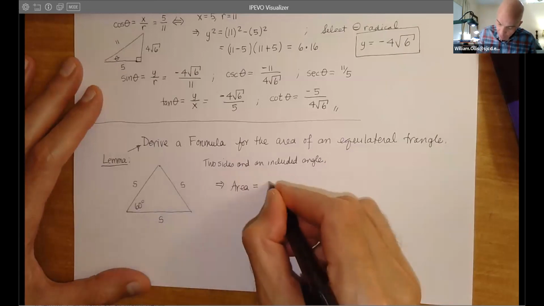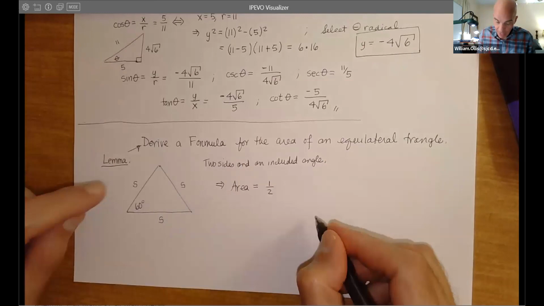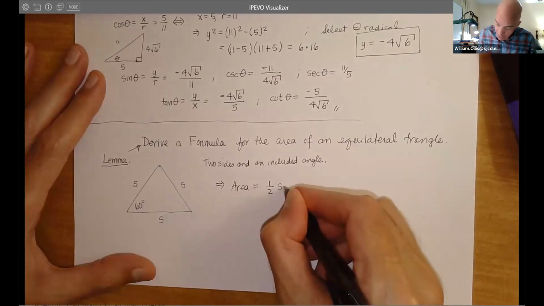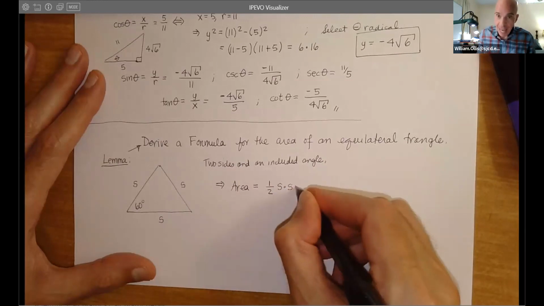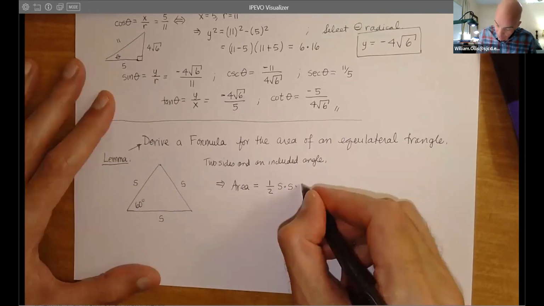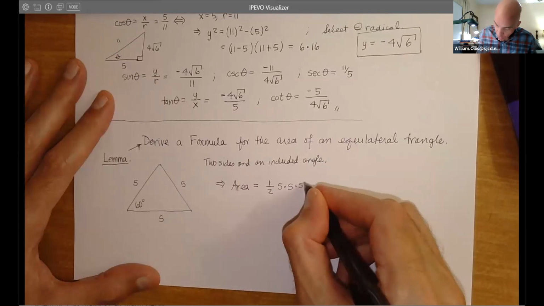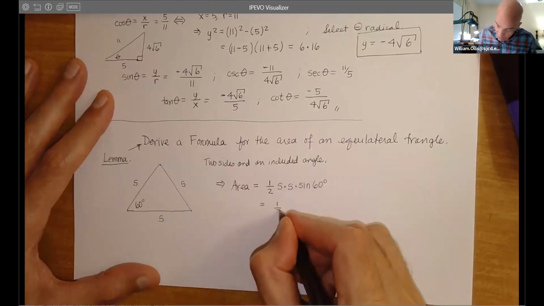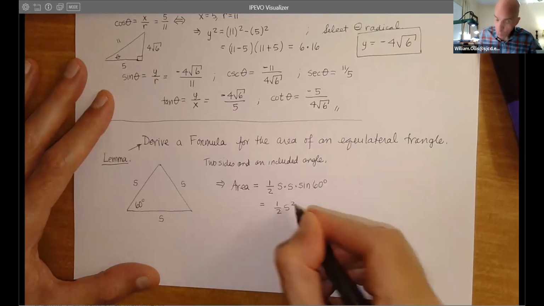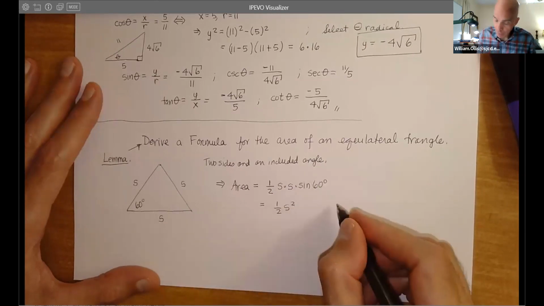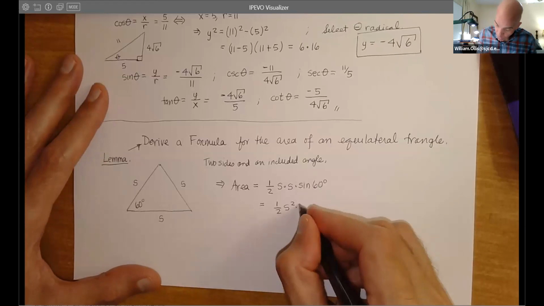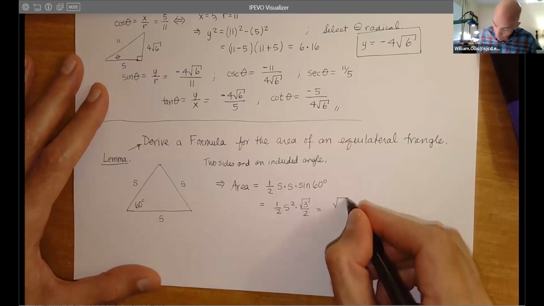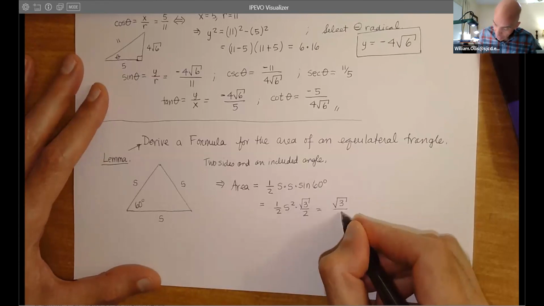It will be 1/2 AB, so S times S times the sine of the included angle, 60 degrees. So that's going to be 1/2 times S squared. And of course, sine of 60 degrees is sine of pi over 3. That's just root 3 over 2. So that gives us square root 3 over 4 S squared.